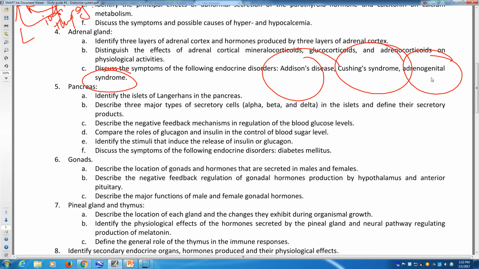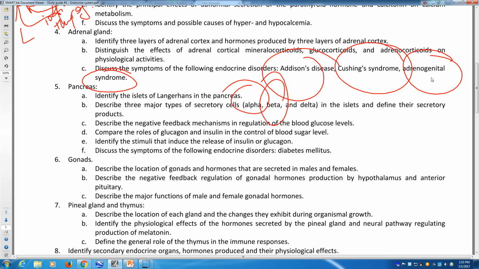Pancreas. Islets of Langerhans. I'm going to show you things that you may see on the exam. In terms of anatomy, which means identify. I don't really care about PP cells. Alpha cells, what do they produce?